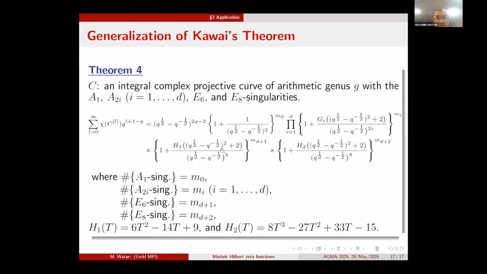In this equation, we replace T by (q^{1/2} minus q^{-1/2}) squared plus 2. Then we obtain this generalization. Okay, this is our fourth theorem today.